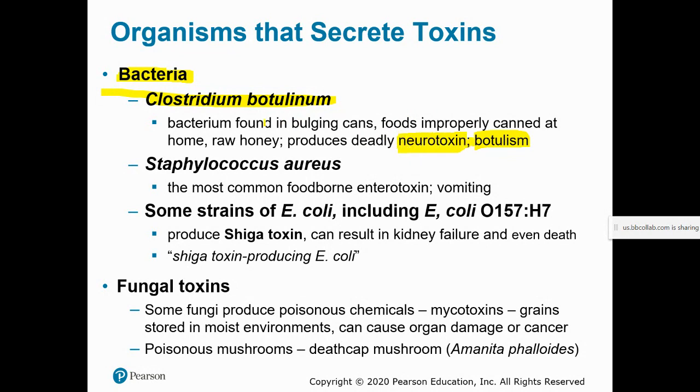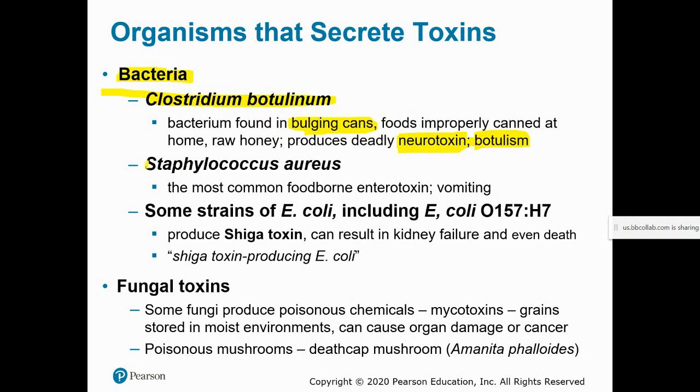And we find Clostridium botulinum and its neurotoxin most commonly in canned foods that were improperly canned. One of the more obvious signs, if you're looking at canned food, if you see a bulging can, you might guess, okay, that may be infected with Clostridium botulinum, so I'm not going to eat what's in there.